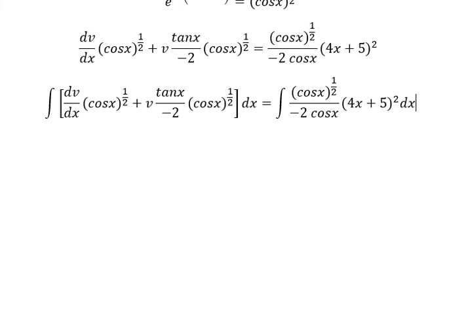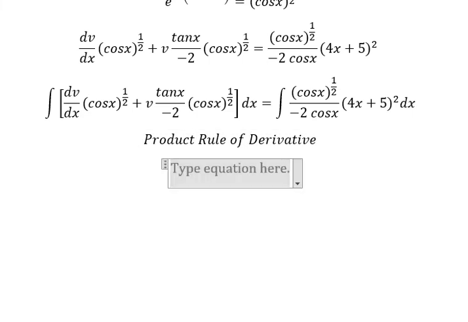Next, we apply the product rule of the derivative. So we have the first derivative of y equals the first derivative of a multiplied by b plus the first derivative of b multiplied by a.